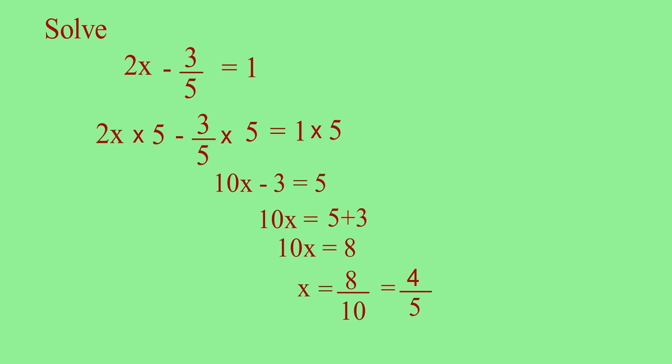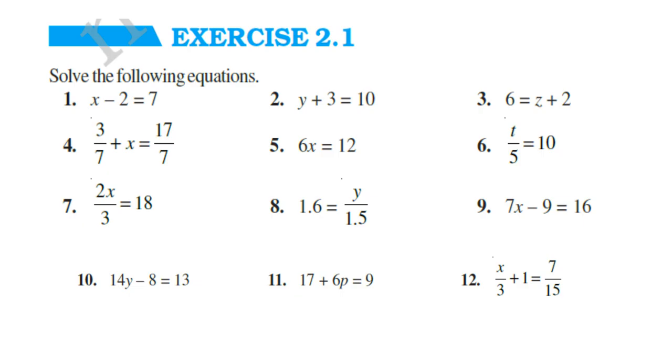Now let us take the textbook exercise. Here there are 12 questions. In question number 8, 1.6 is equal to y by 1.5. So you transpose 1.5 here. So the left hand side will be 1.6 into 1.5 is equal to y.